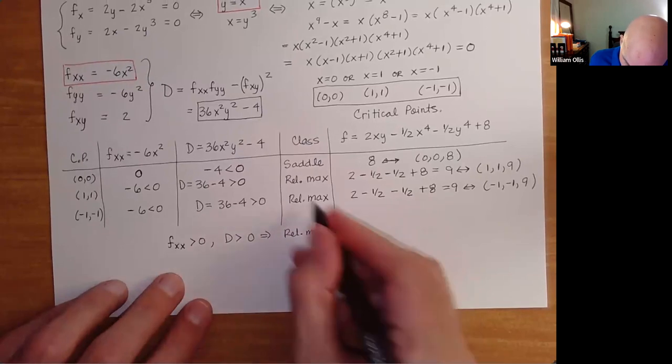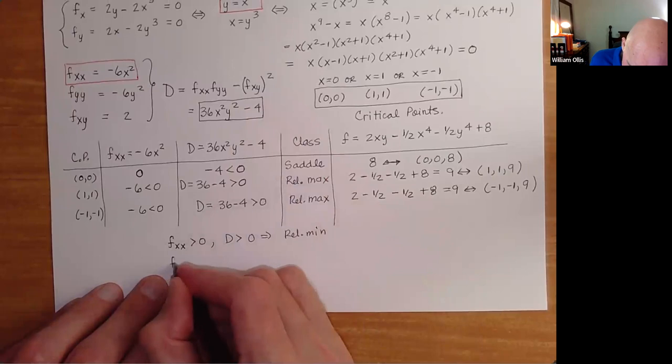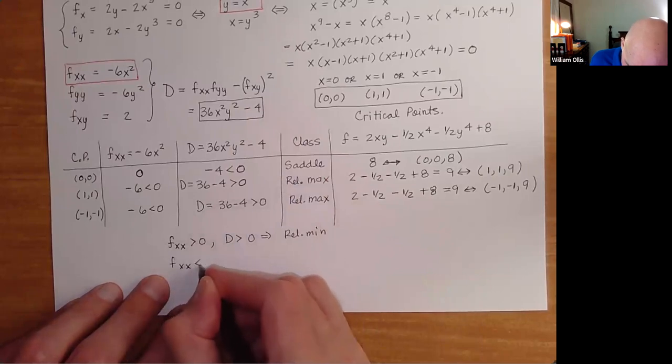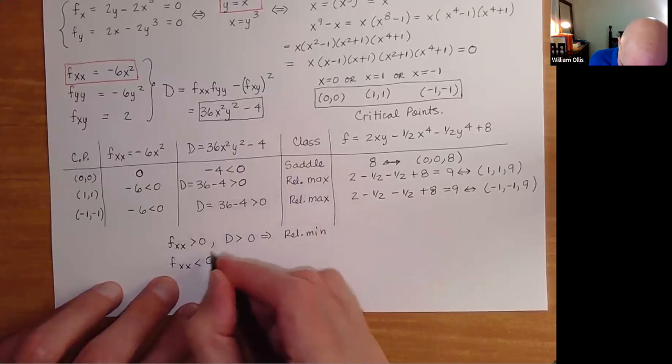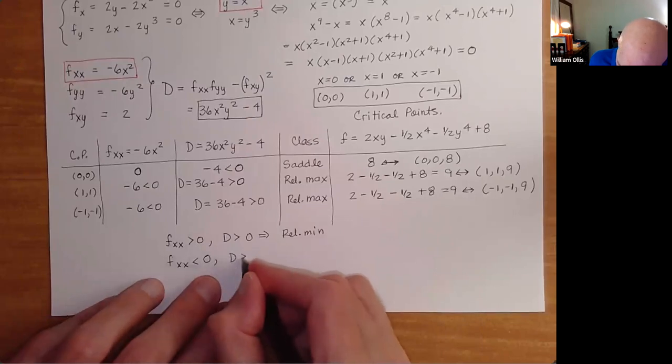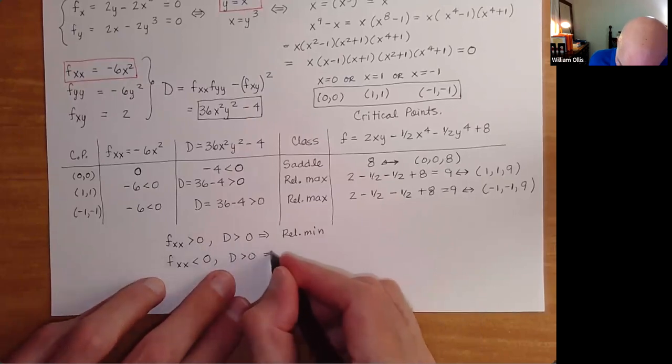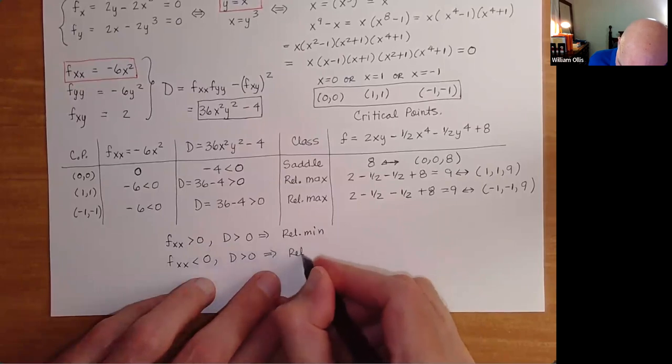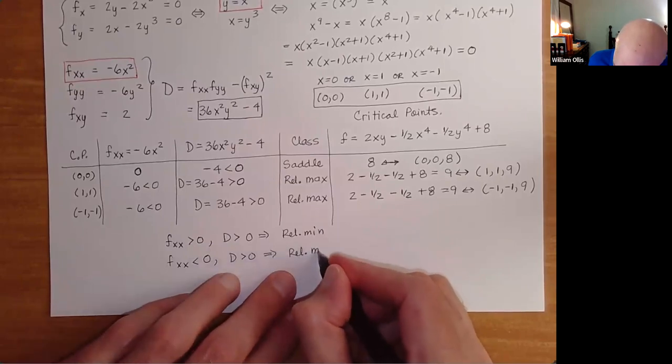And then we got two relative max. That's fxx is less than 0. The D is positive. This implies the relative maximum.